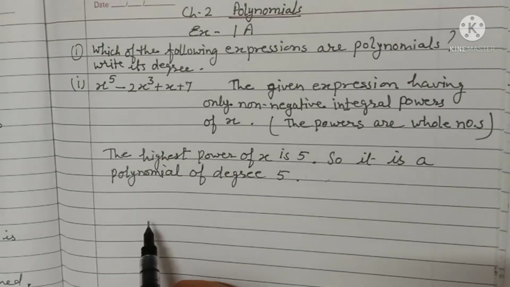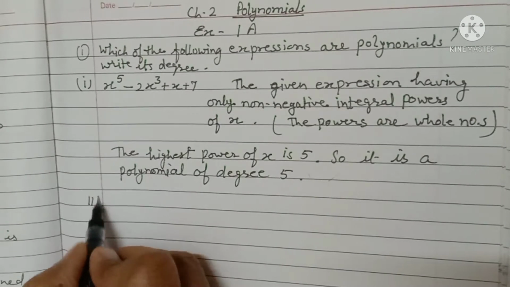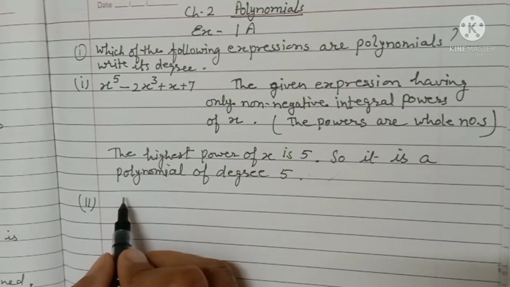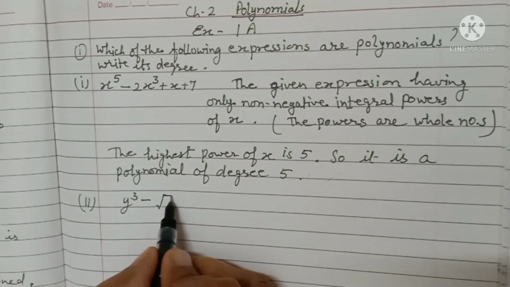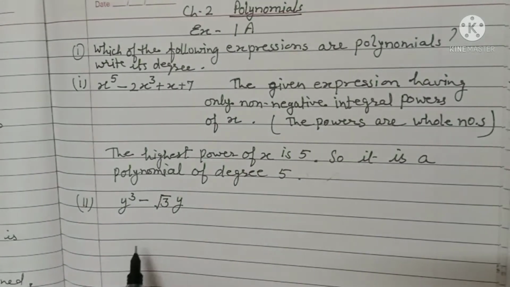Now come to the second part: y cube minus root 3 y.